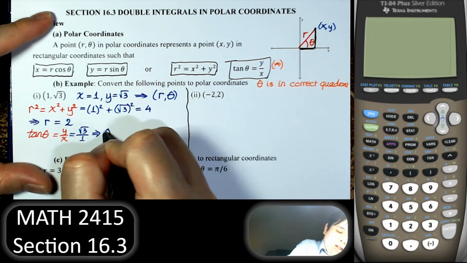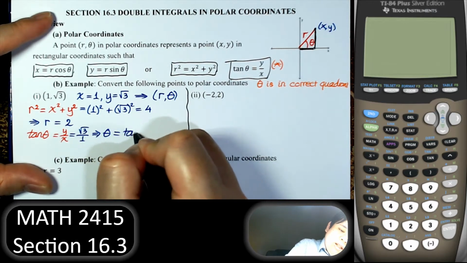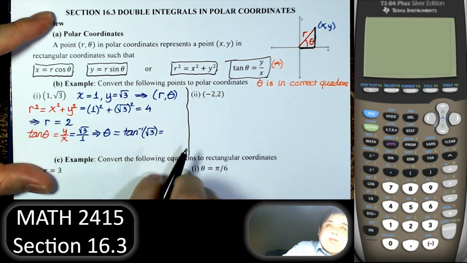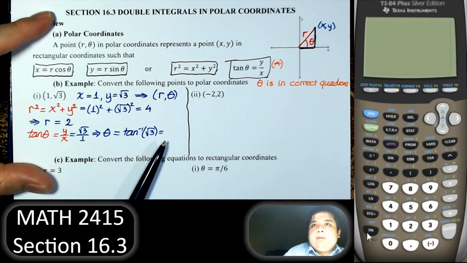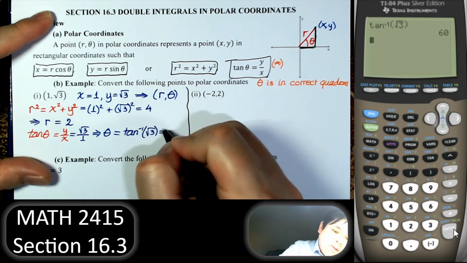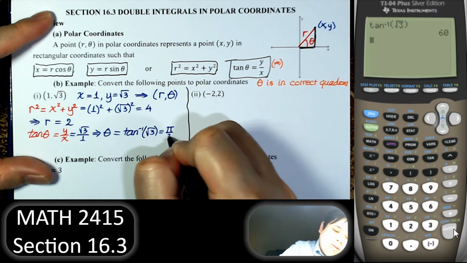So theta is tangent inverse of square root of 3. Make sure this is in degree mode when we use the inverse, so it's easy to tell what angle it is. So I have 60 degrees, which is pi over 3.